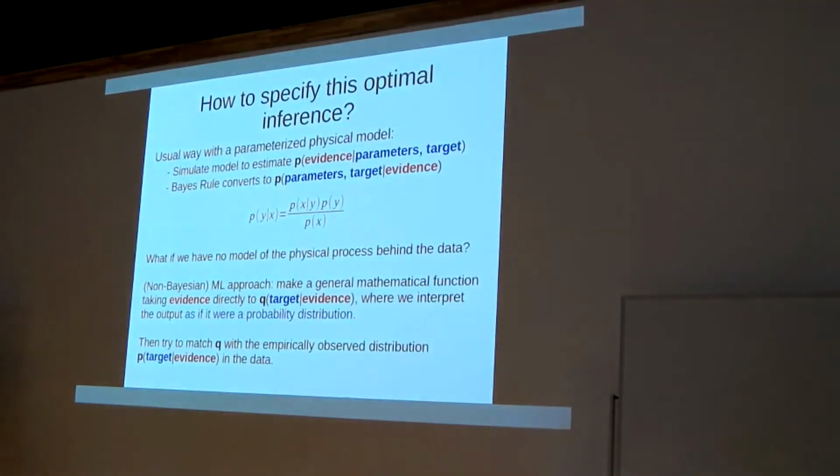Okay, so what we want is usually these conditional probabilities. How do we get them? So if I had a parameterized physical model, that is, if I had something like an n-body simulation, or some kind of biological simulation with biological networks or something like that, I could say, here are all of the different things that could vary about reality.